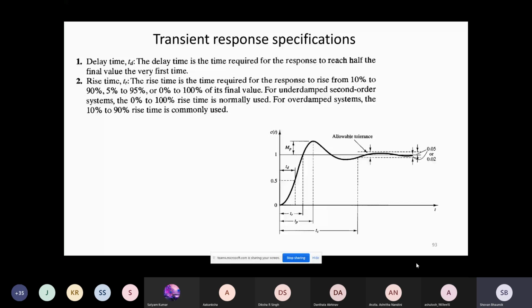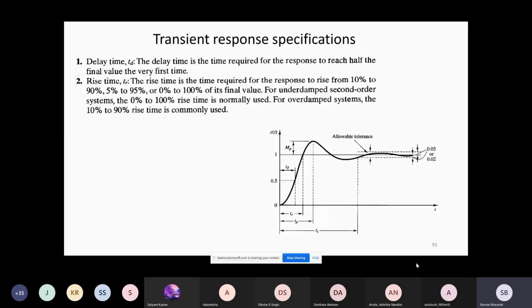If we take 0 to 100%, it will give an unrealistically long rise time. So we generally define the time between 10% and 90% for an overdamped system. But here it is an underdamped system, so it is customary to define the 0% to 100% time. You see TR is defined here.